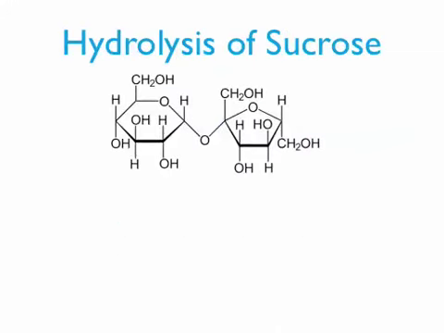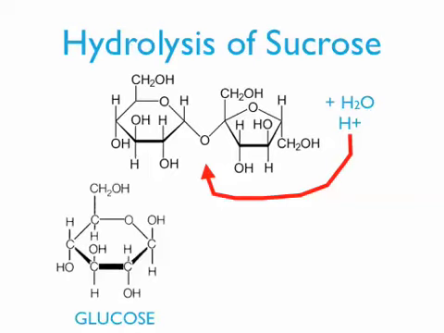Here it is schematically. There is a nice molecule of sucrose for you. Note that it's bonded around the central oxygen atom. If I introduce some water and H+, indicative of acid, that H+ allows the water molecule to come into contact with the centralized oxygen atom.